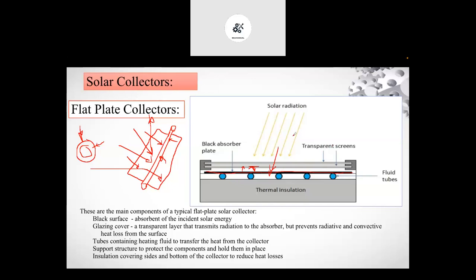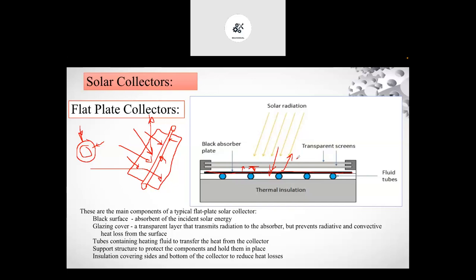Whenever the radiation comes from the sun, it is mostly low wavelength radiation, so it will easily transfer through this transparent screen. But when it is incident on the tube and reflected back, the radiation reflected from the surface has higher wavelength.